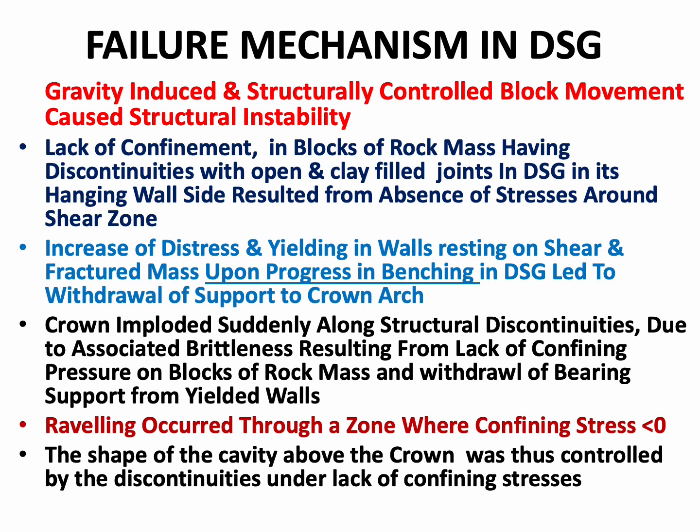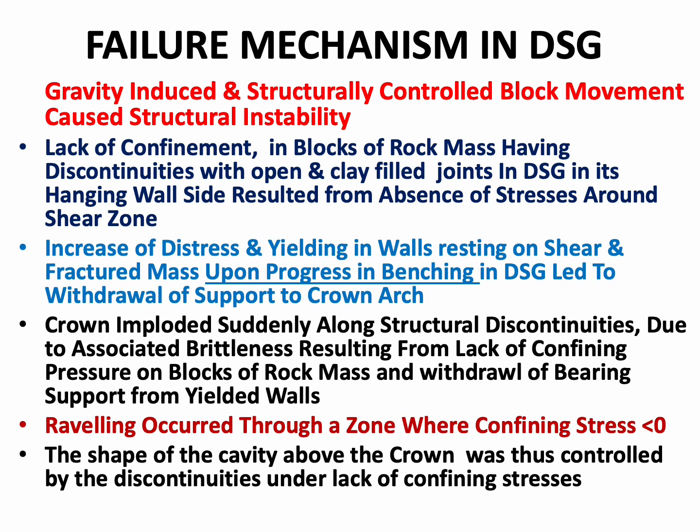Lack of confinement in blocks of rock mass having discontinuities with open and clay-filled joints in the downstream surge gallery, on its hanging wall side, resulted from absence of stress around the shear zone. Increase of distress and yielding in walls resting on shear and fractured mass, upon progress in benching in the downstream surge gallery, led to withdrawal of support to the crown arch.